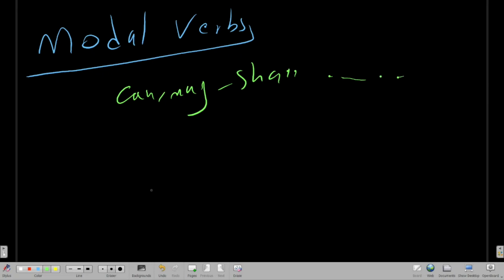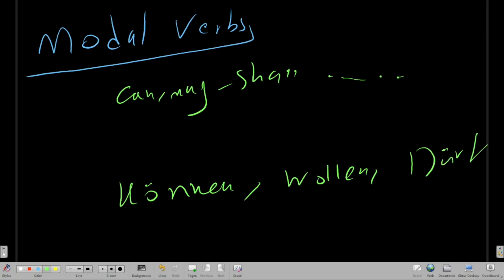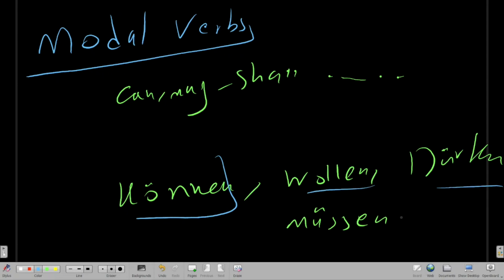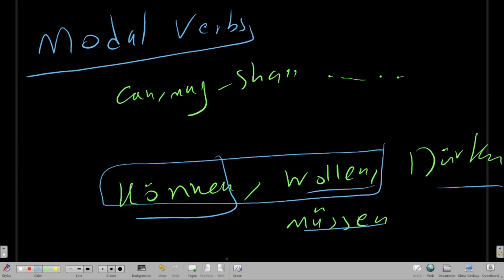And in German there are können, wollen, dürfen, and müssen. So these are the German modal verbs. We will take these two for today's example, and we will teach stuff to you guys with these.